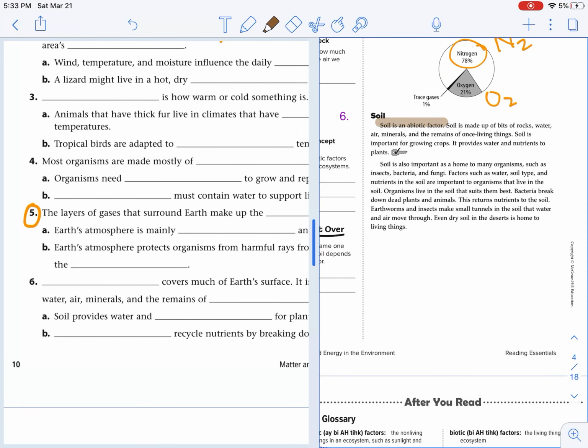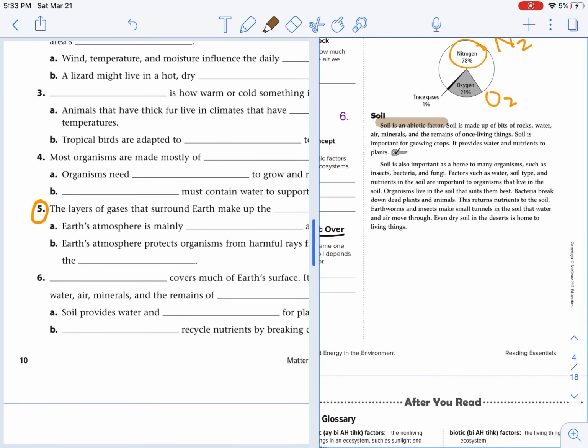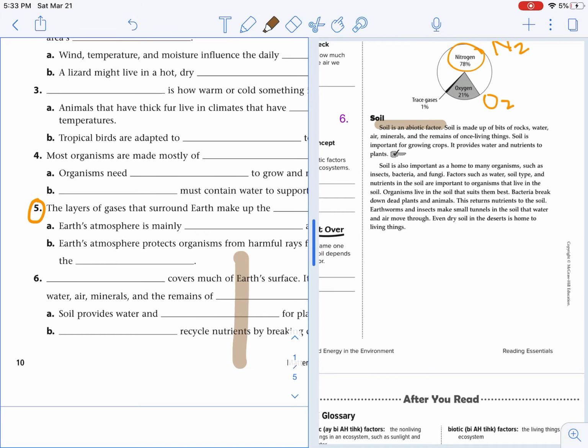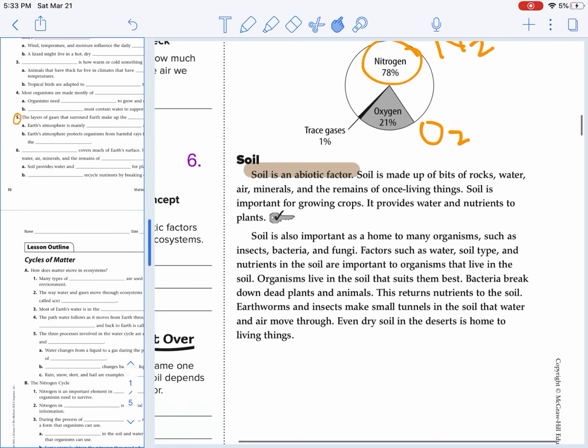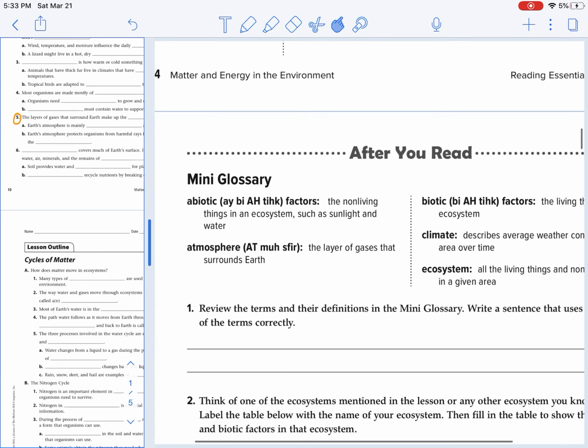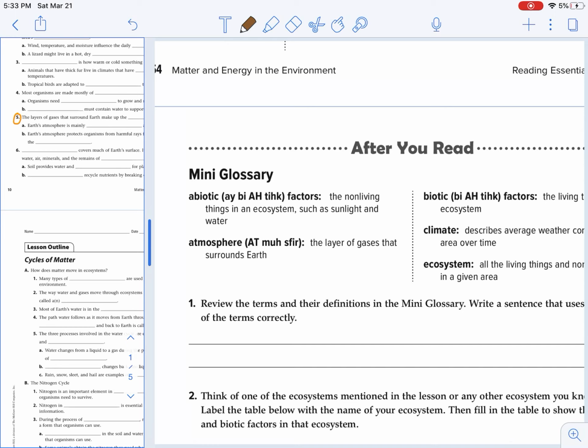So we will take a look here and fill out number 6, which is going to be your final section on your outline notes for this lesson, all right? Because if we continue to scroll, you'll see here are your vocab words.